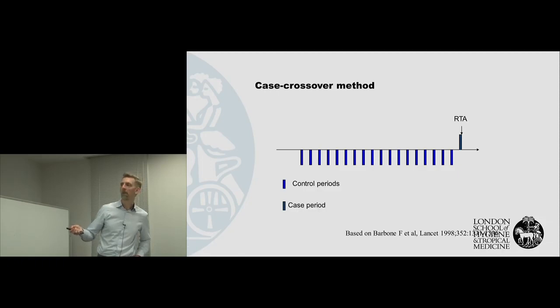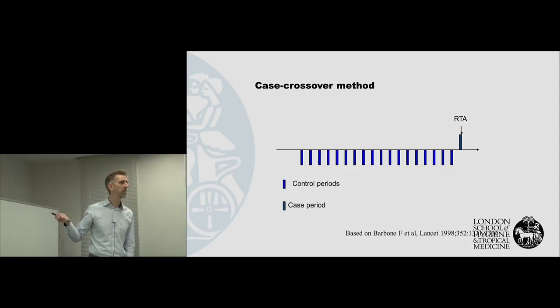So if this is 18 years before the road traffic accident, let's imagine that the rate of prescribing of benzodiazepines has changed drastically over 18 years, and that everybody in the population is more likely to be prescribed a benzo here than they were there. It would mean that I would find an artificially increased risk associated with having the outcome.